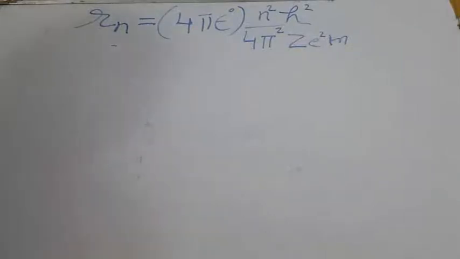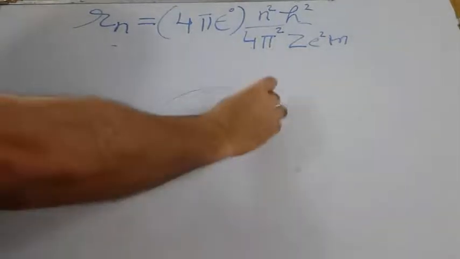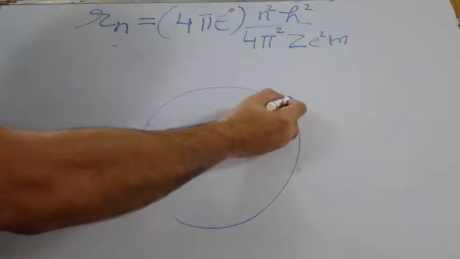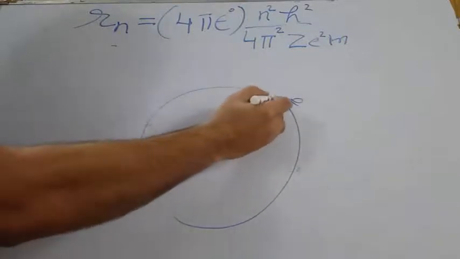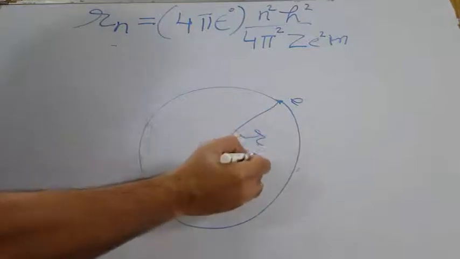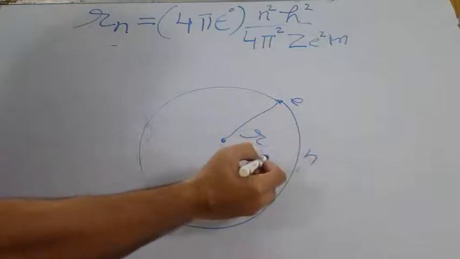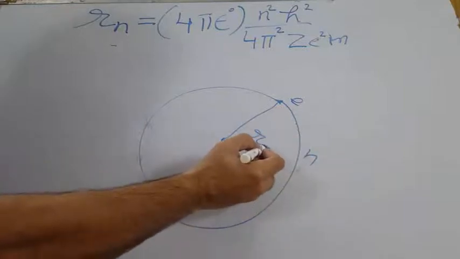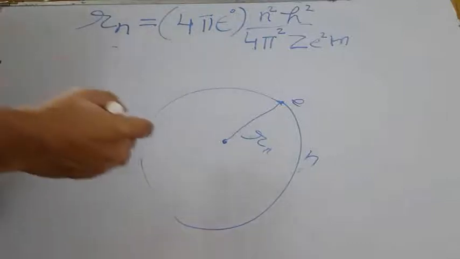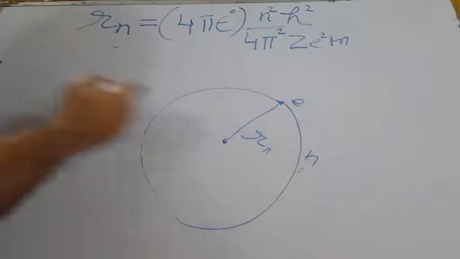Now we can calculate the energy of the electron of the system of nth orbit with radius r. See, this is the nth orbit and this is Rn. This can be calculated again by the way we calculated this.